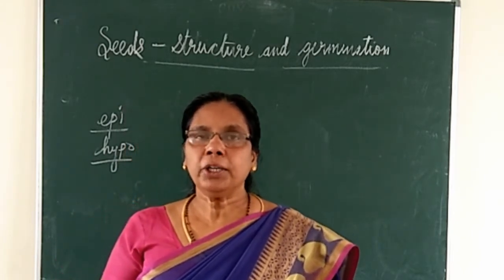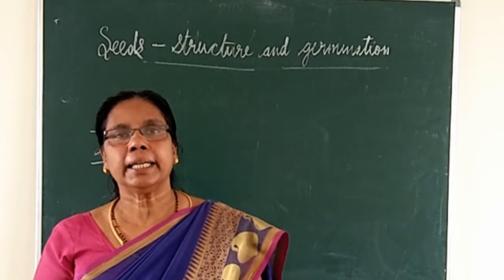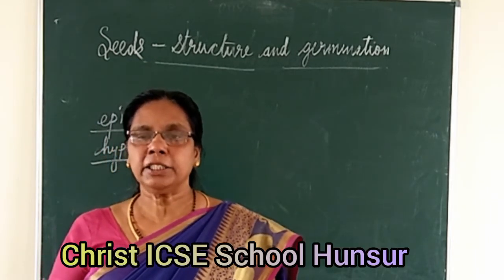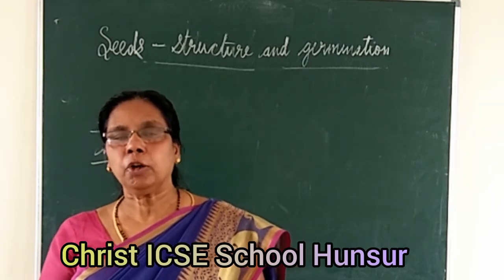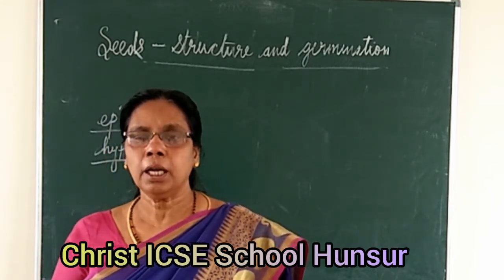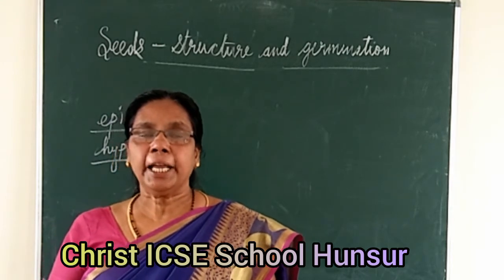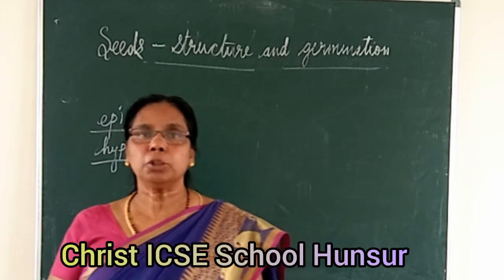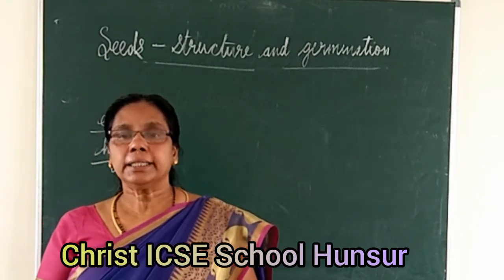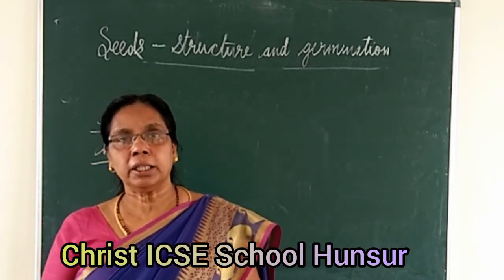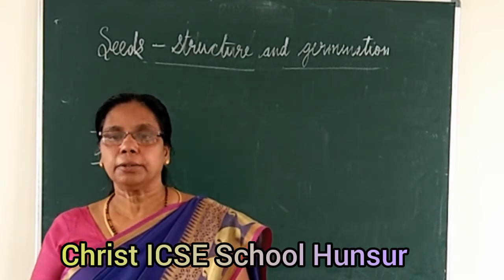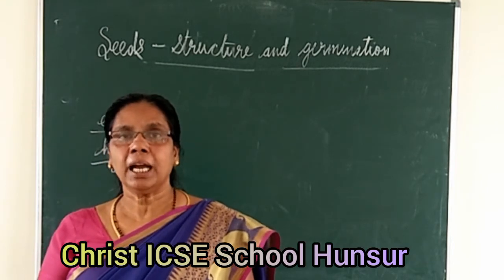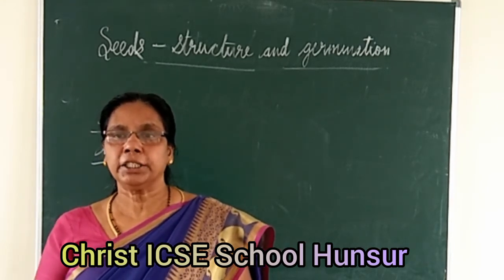Next, the epicotyl elongates faster in hypogeal germination, whereas in epigeal germination the hypocotyl elongates faster. And third, hypogeal germination usually occurs in monocot plants, whereas epigeal germination occurs in dicot plants. These are the main differences between epigeal and hypogeal germination.